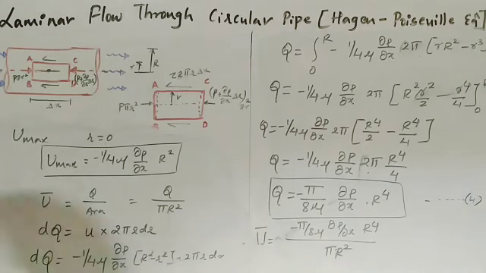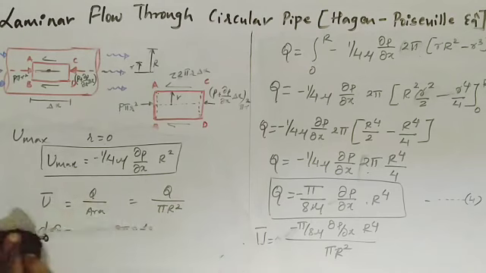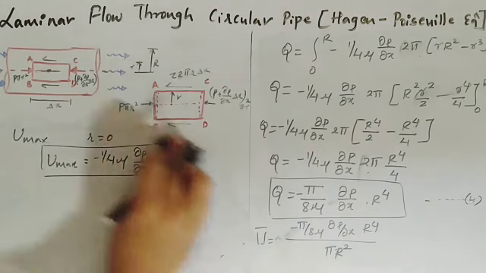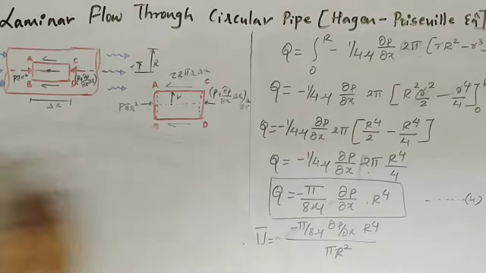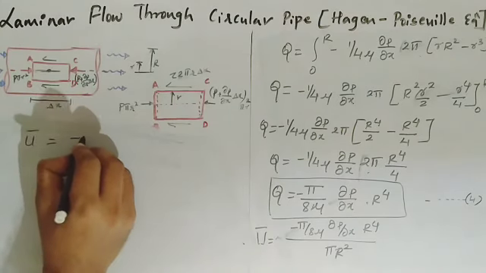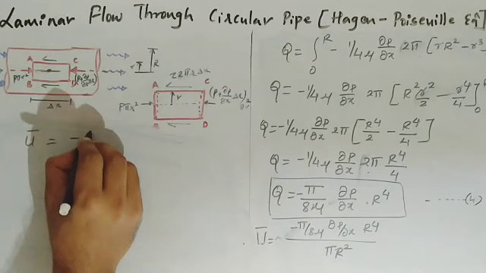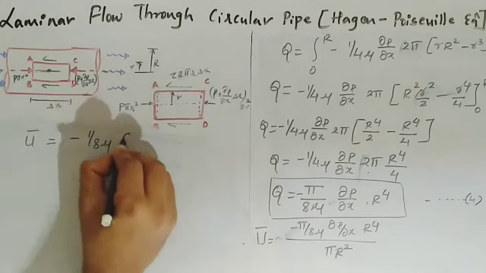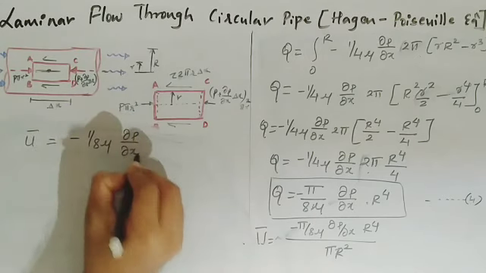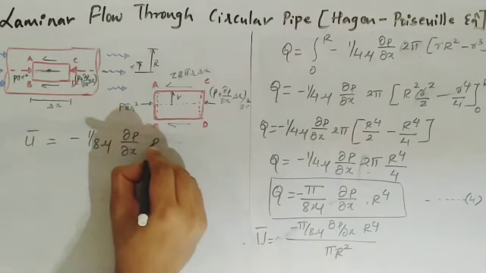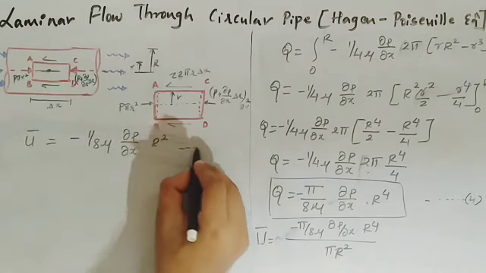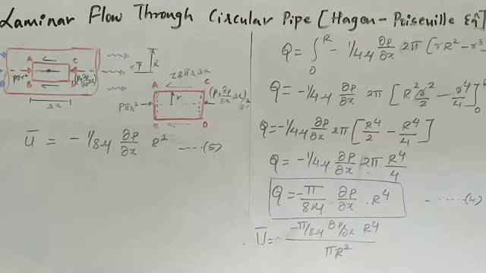So then the average velocity I will get, that is u average will be equal to minus 1 by 8 mu dou p by dou x r square. So this is equation 5. So this is our average velocity.